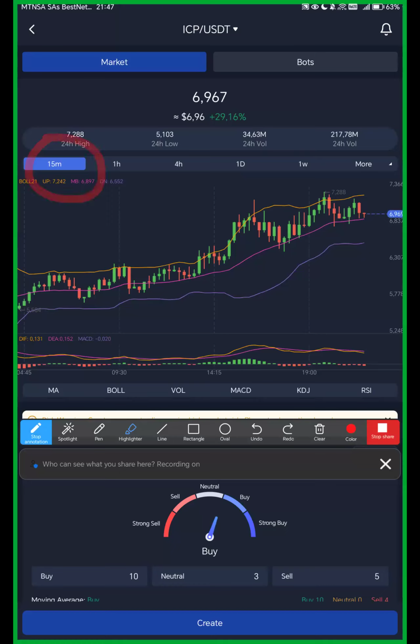Please understand me. It is only the position of entry. The robot is buying in a 15 minutes time frame, but when it comes to selling, it does not mean that the trade is going to be closed in 15 minutes time. Are we together?